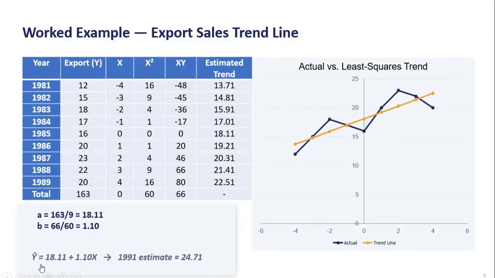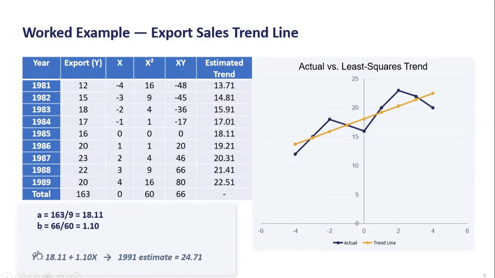The trend equation becomes y hat equal to 18.11 plus 1.10x. For example, to estimate export sales for the year 1991, x equals 1991 minus 1985, which is 6.